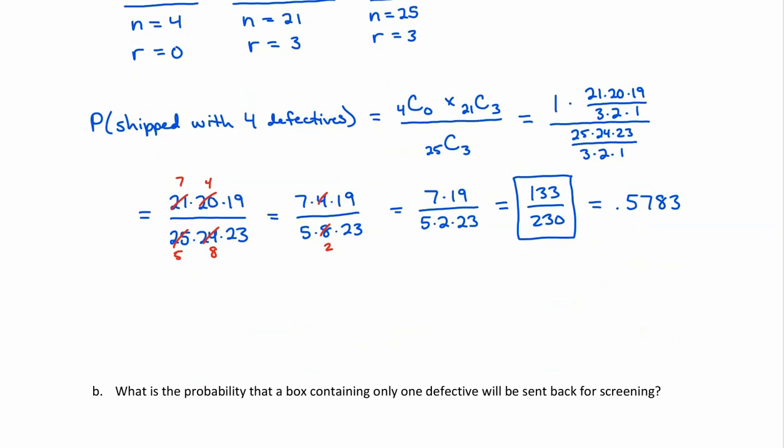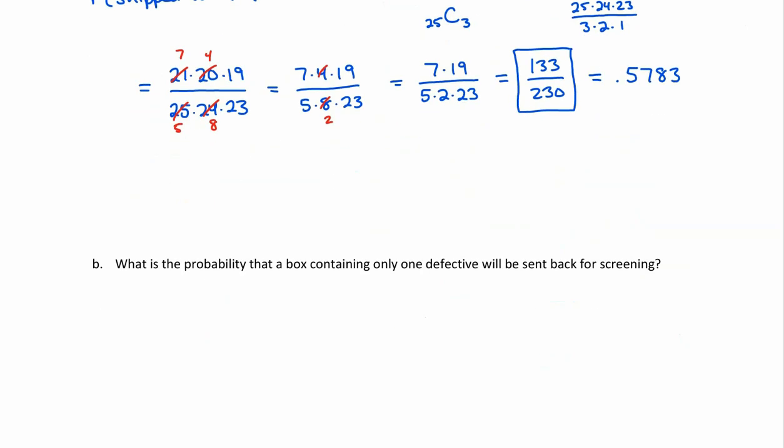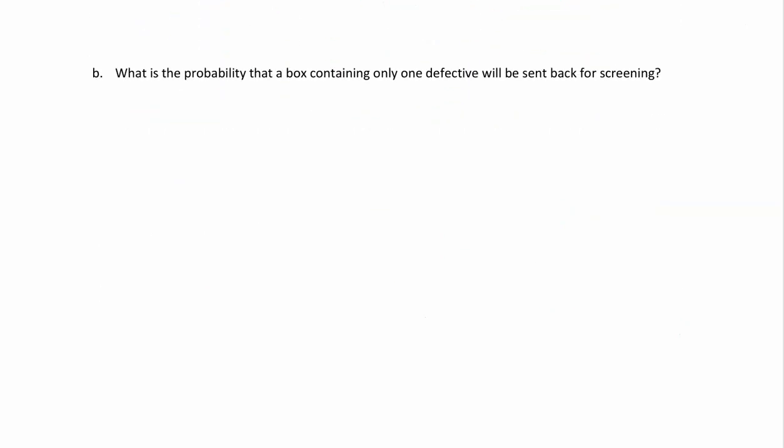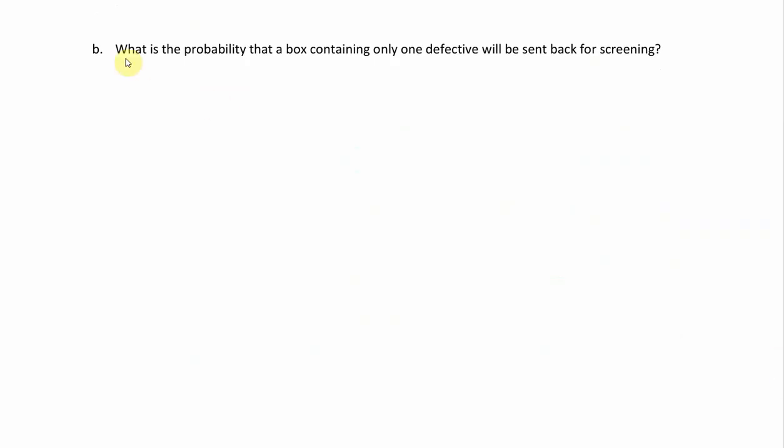Then part B. Part B is, what is the probability that a box that only has one defective will be sent back for screening? So there's one defective, we're going to have to pick it. So for this one, there, I just wanted a little more room. So defective. So one of them, and we have to pick it.